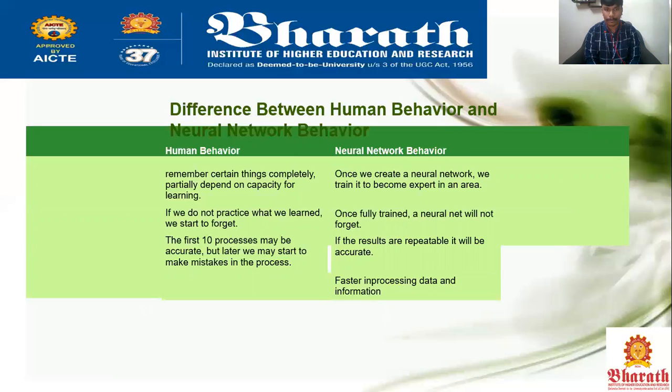For ANN, neural network behavior, once we create or construct a neural network, it will be trained by a professional to perform the function of BNN. That's all. BNN has the ability to learn new things and the benefit of remembering the things it has performed.